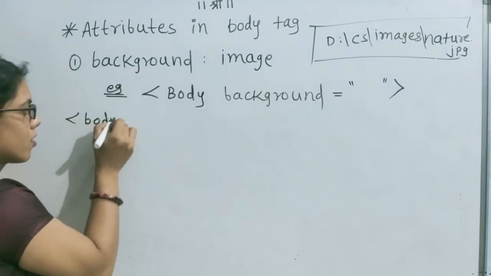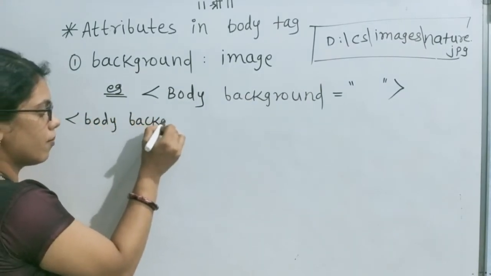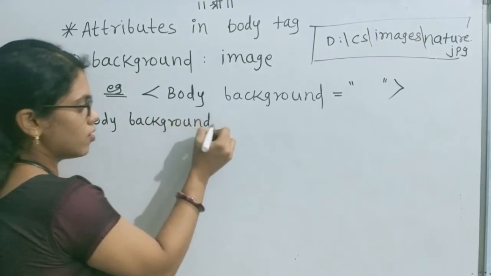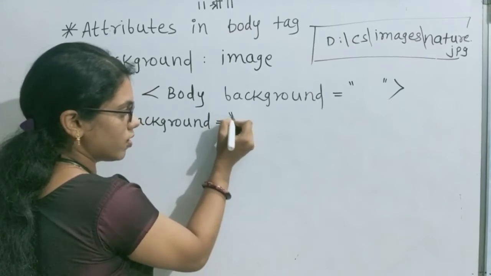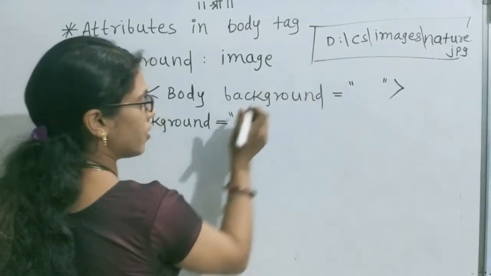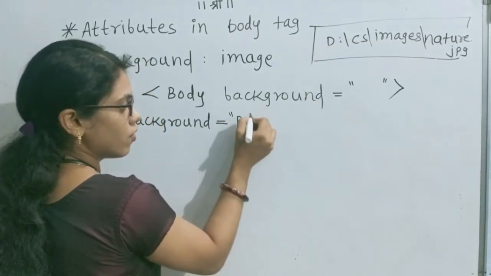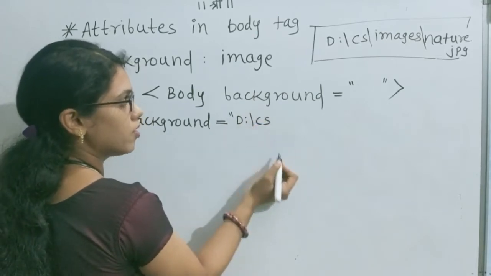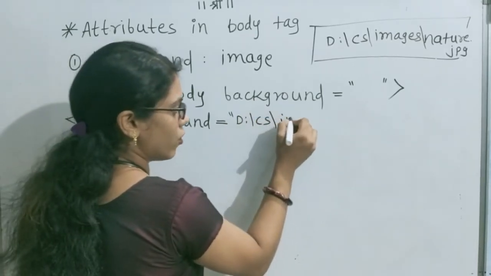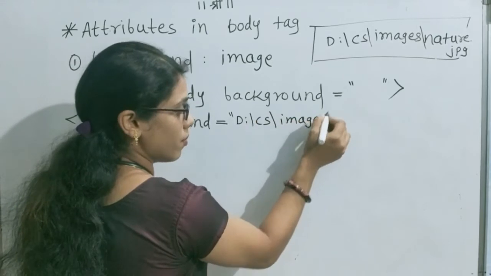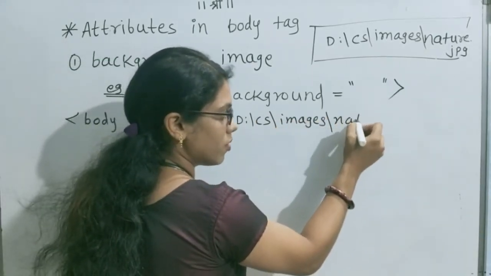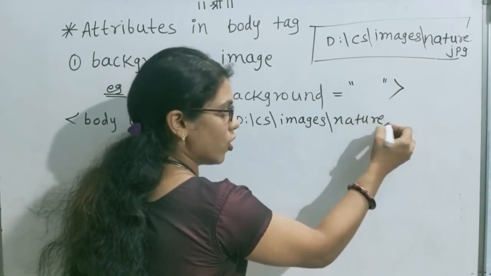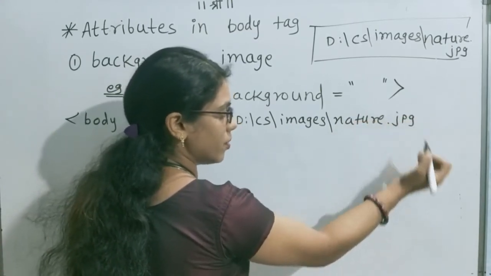So when we apply this image, our example becomes: body tag, attribute name background is equals to, inside double quotes, the path of image is D drive, folder name CS, inside it the second folder is images, inside the images folder our image name is nature dot, its extension is JPG.